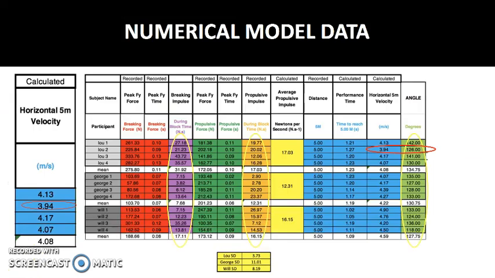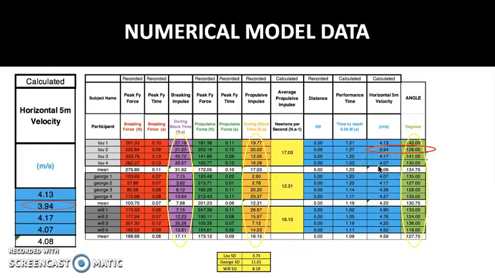This is obviously reiterated in the force plate data, as you can see that in some things they're better and in some things they're worse. Their propulsive impulse average was actually the highest of all of the performers, as was their braking force though, which is not good. And their velocity was actually the worst.